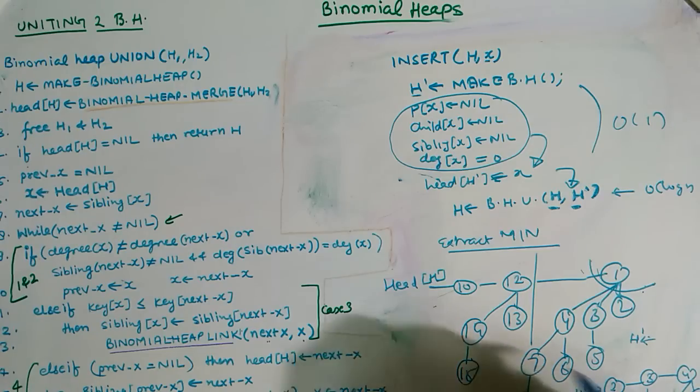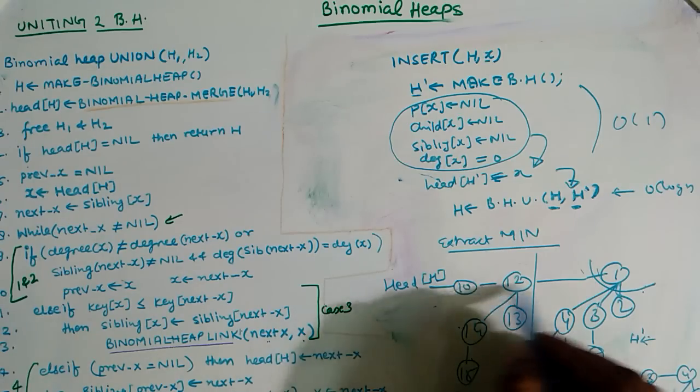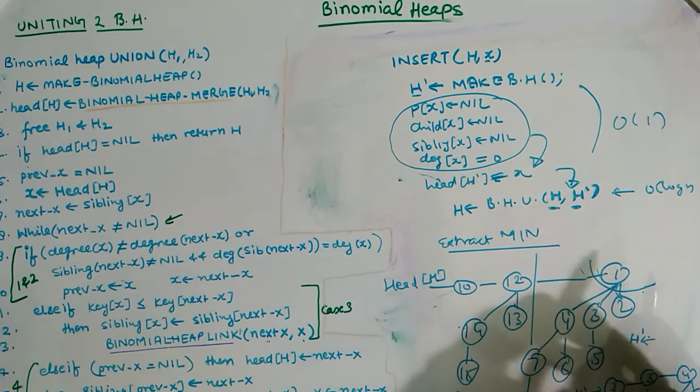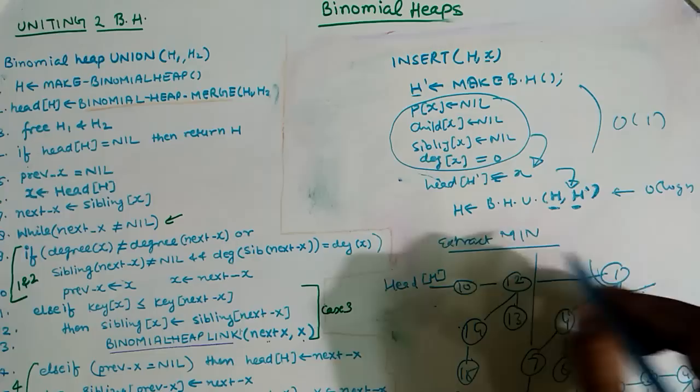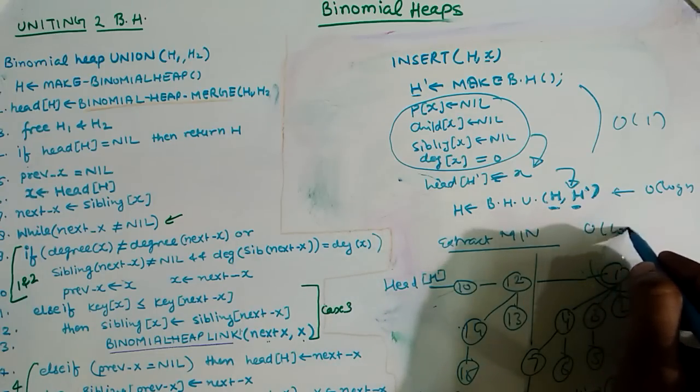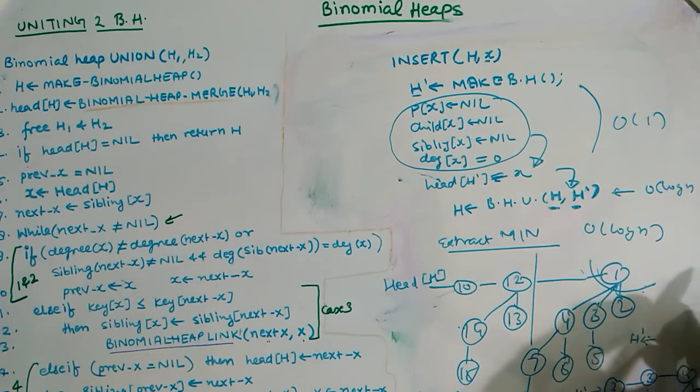I will call the heap union procedure on h and h dash. To call the heap union procedure on both of these heaps, it will take order of log n time at max, and to scan this minimum element, it will take log n time. So log n plus log n means this extract min operation also takes order of log n time.